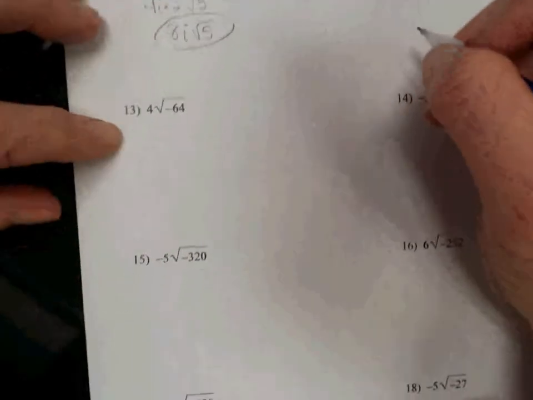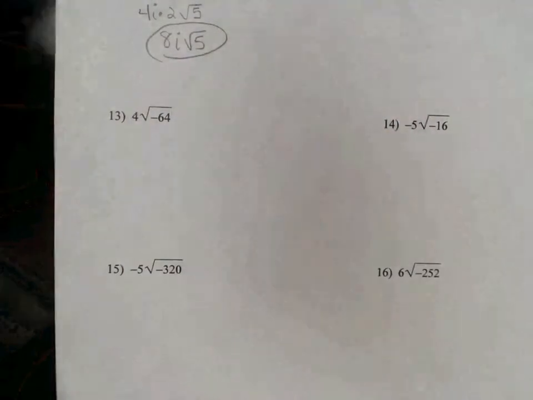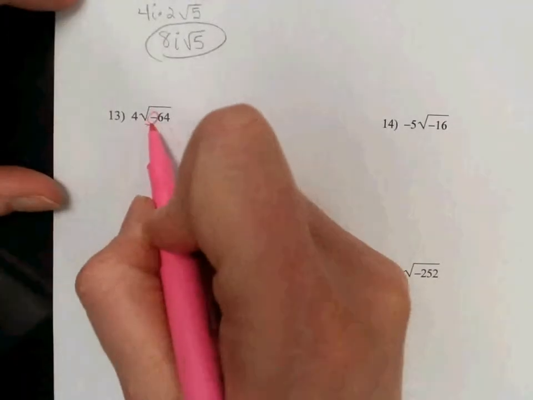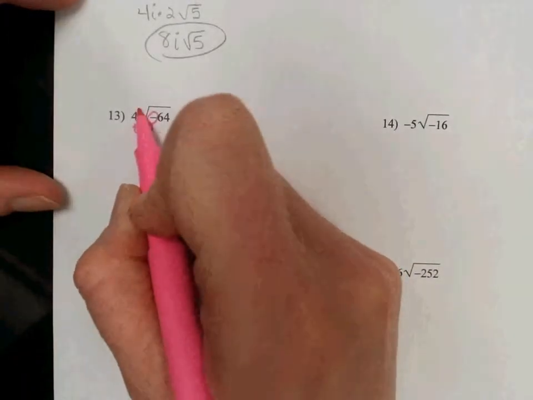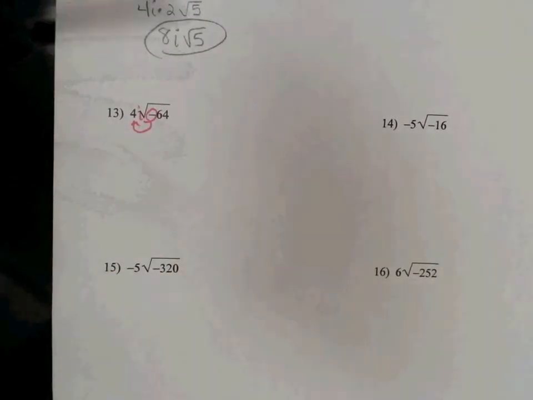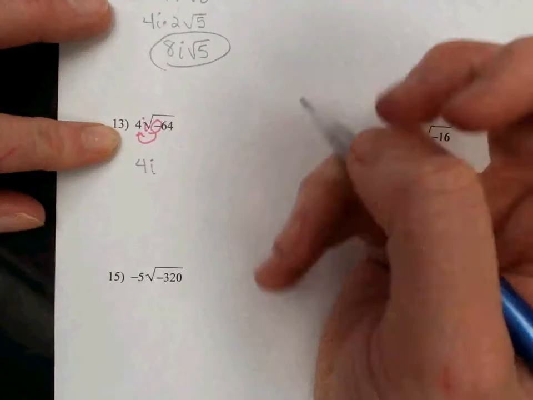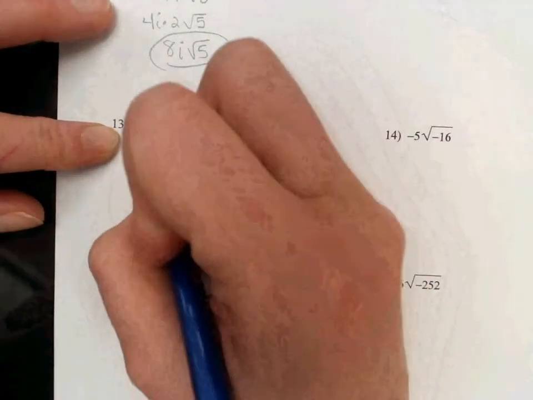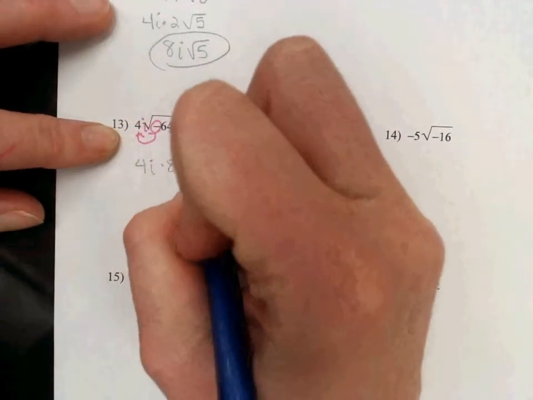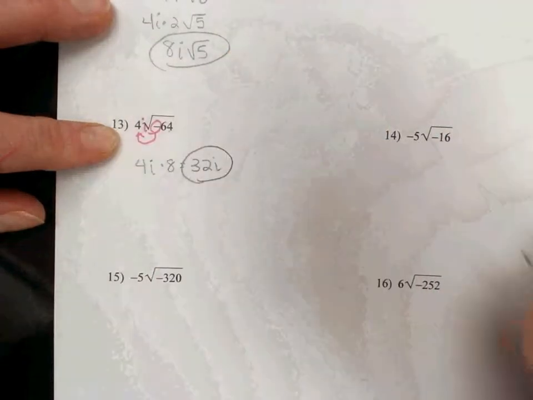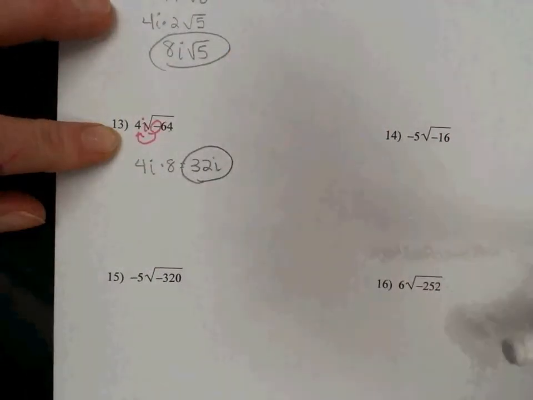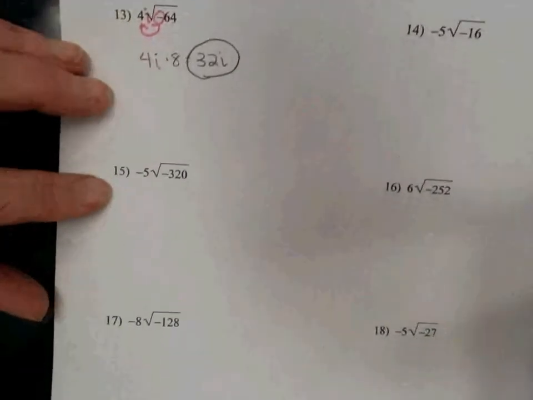Number 13, bring out the i. So now we have 4i radical 64. What is the square root of 64? 8. So we have 32i. Let's do one more.